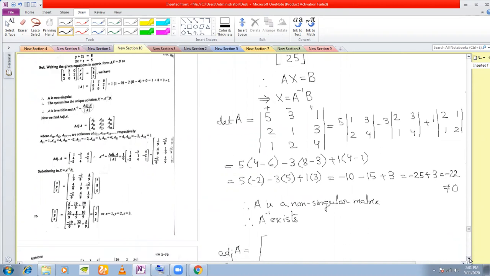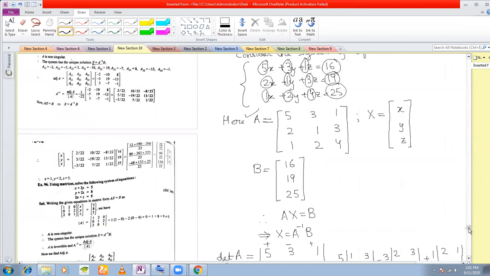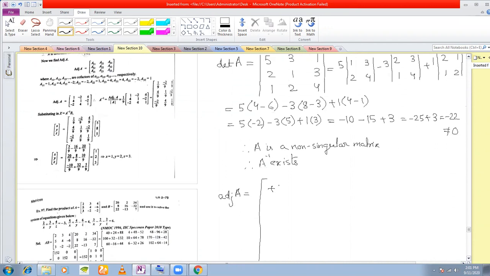Now proceed to find out the adjoint. In order to find out the adjoint, you must see that matrix A has plus, minus, plus, minus, plus, minus, plus, minus, and plus positions. So now first, the minor of 5 is 1, 3, 2, 4, with a plus.